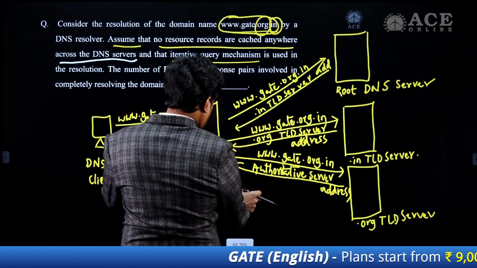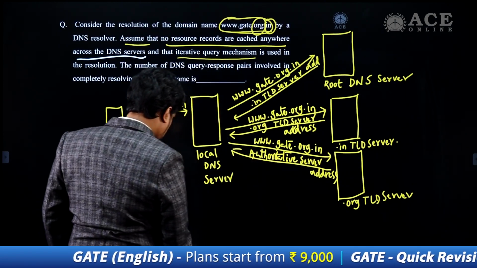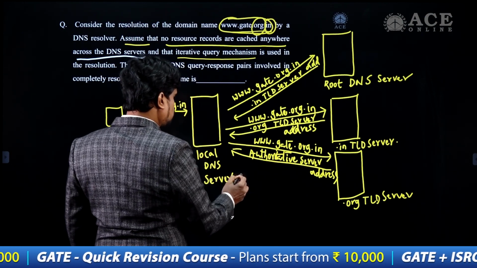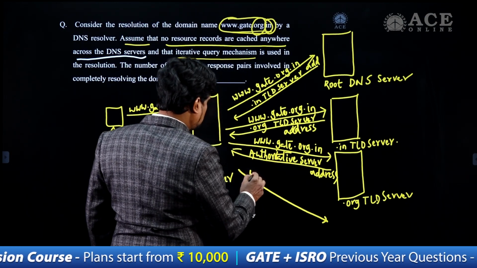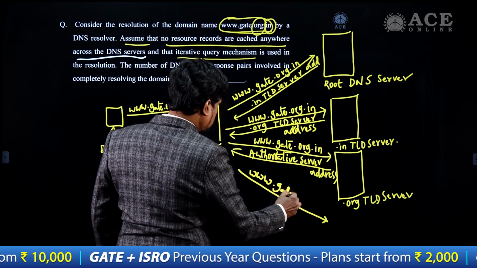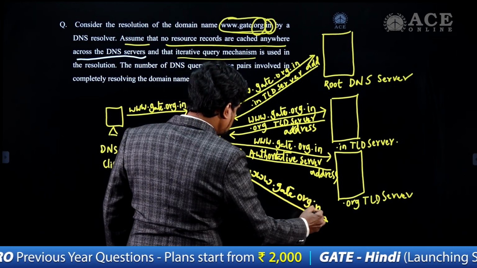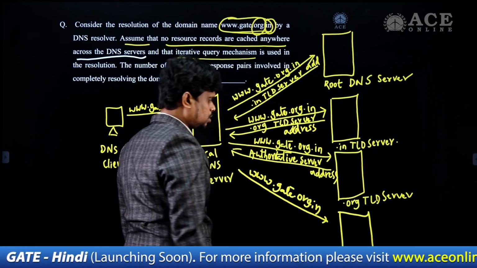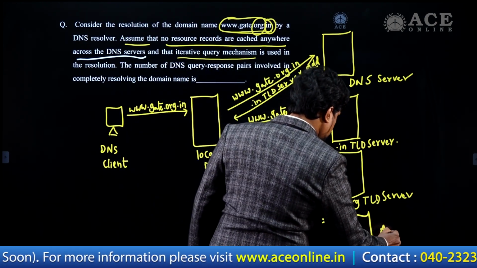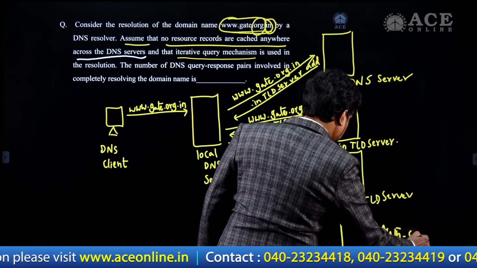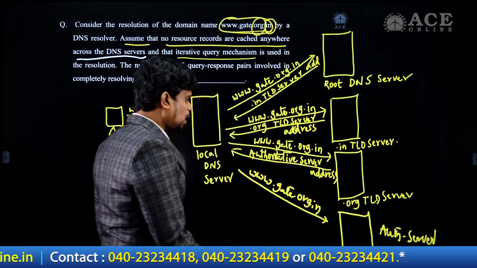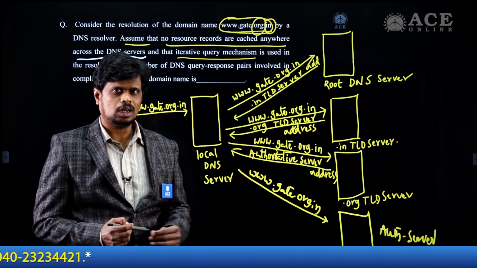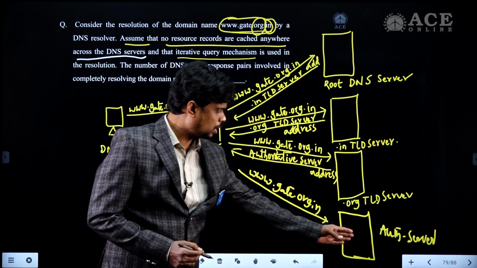Now this particular address can be forwarded by this local DNS server. After getting the authoritative server address, the local DNS server will forward the same www.get.org.in to the next server, which is called the authoritative server. Whatever URL addresses we have, all of them get registered with this authoritative server.